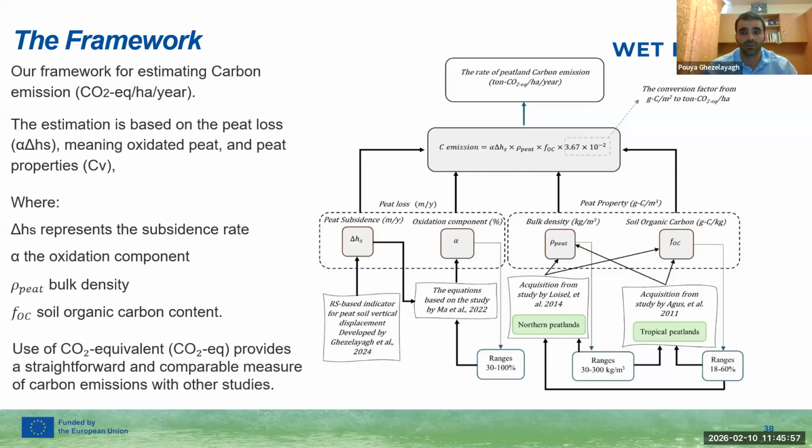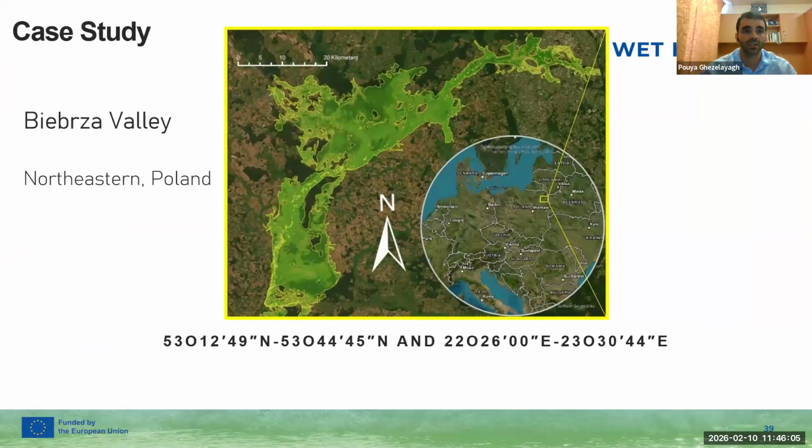And now for the next step, we wanted to implement this framework into the real world. So we implemented the framework into our case study, which was Beaver Valley, located in northeastern Poland.